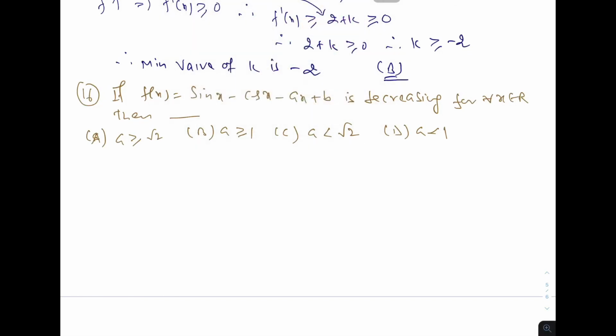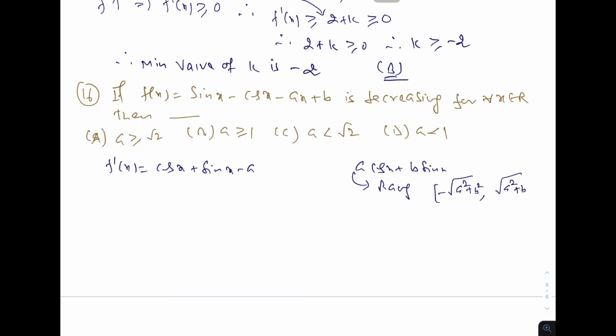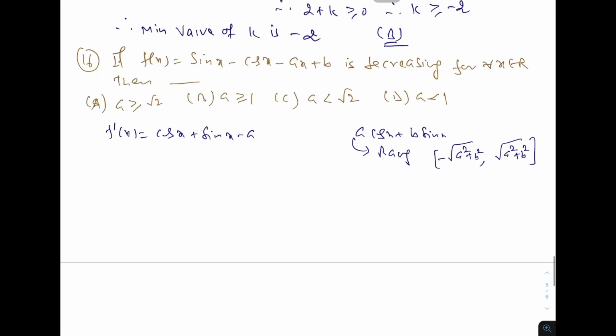Now we find the derivative here, and so derivative f dash x is equal to cosine x plus sin x minus a. Now see, we know that a cosine x plus b sin x, its range is minus root of a square plus b square to root of a square plus b square.